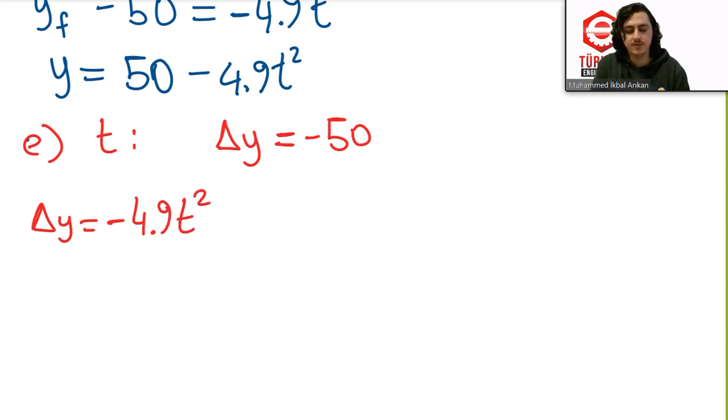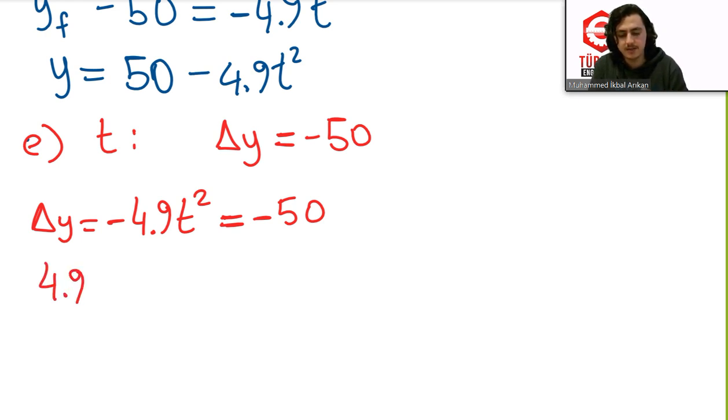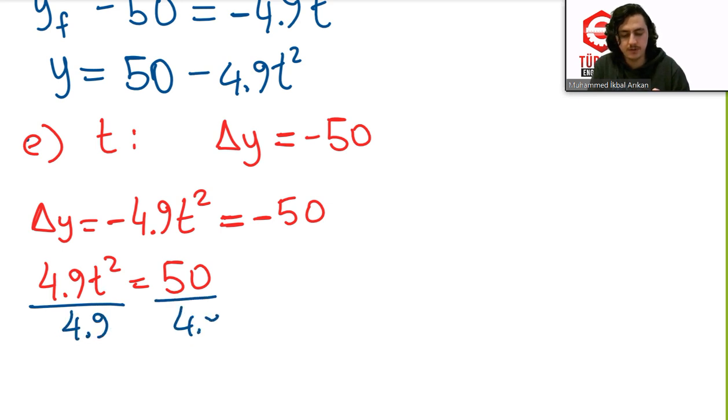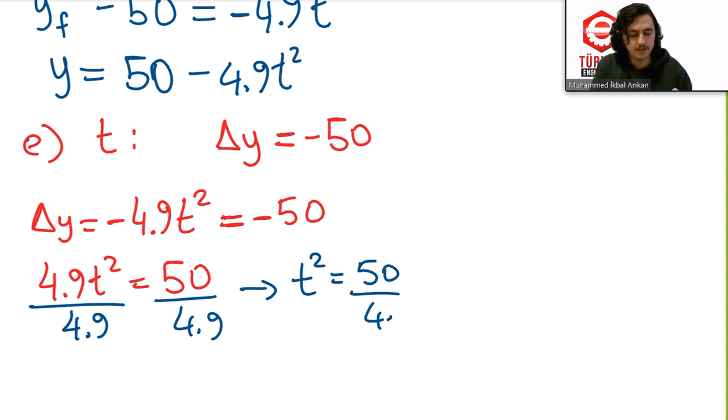How can I solve for t? Just put its value, minus 50. When you multiply both sides by minus 1, you will get this one. So divide both sides by 4.9. So you will get t squared equal to this one, right?